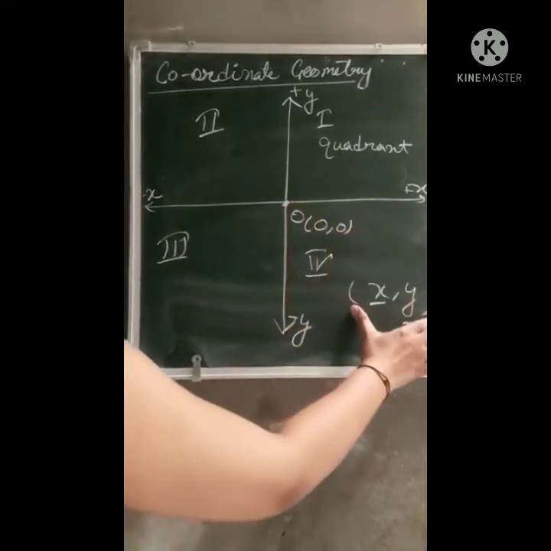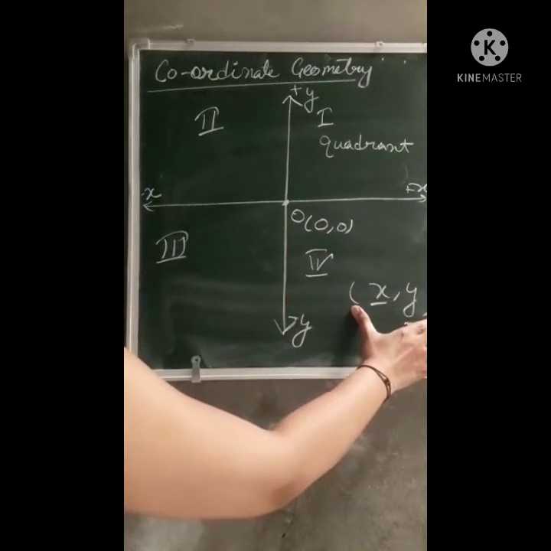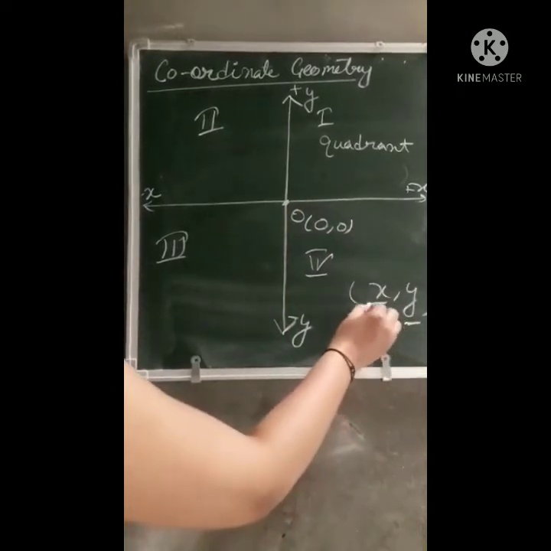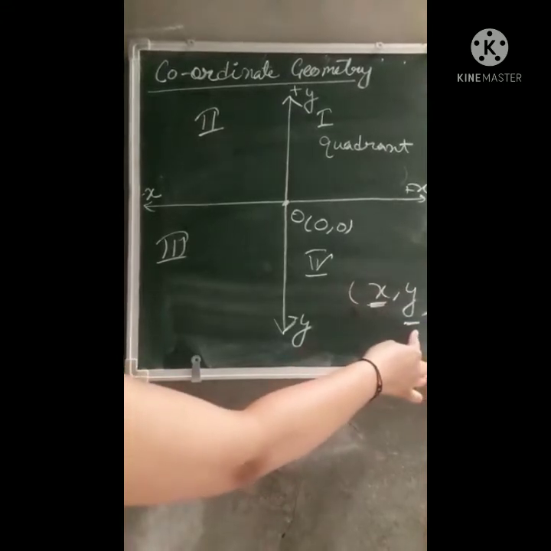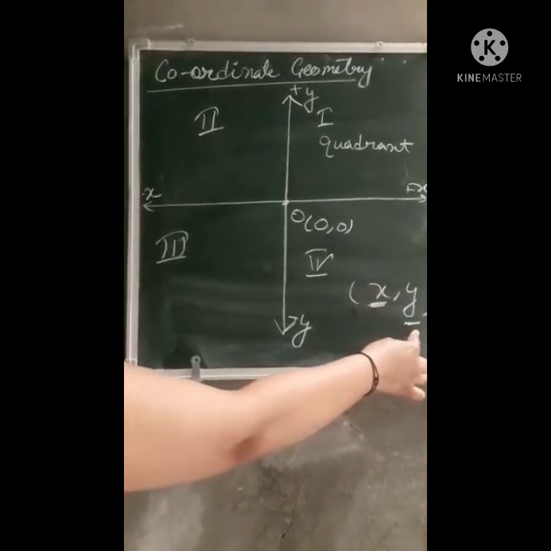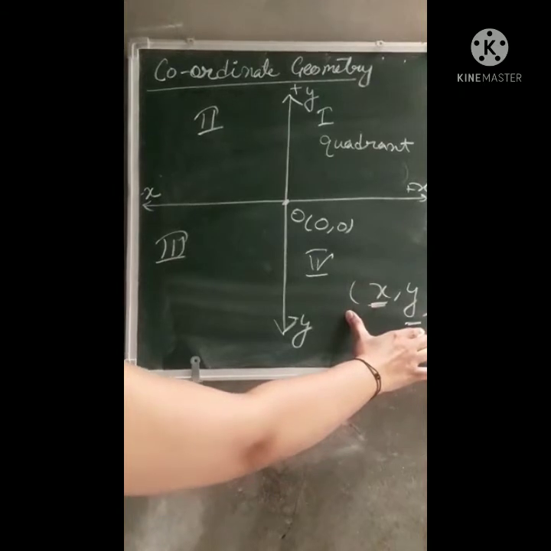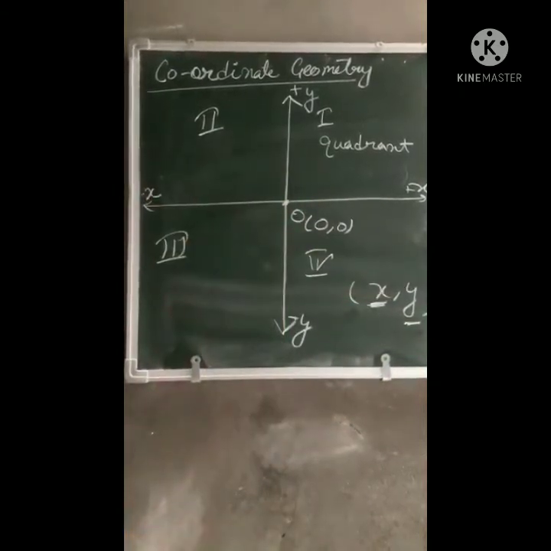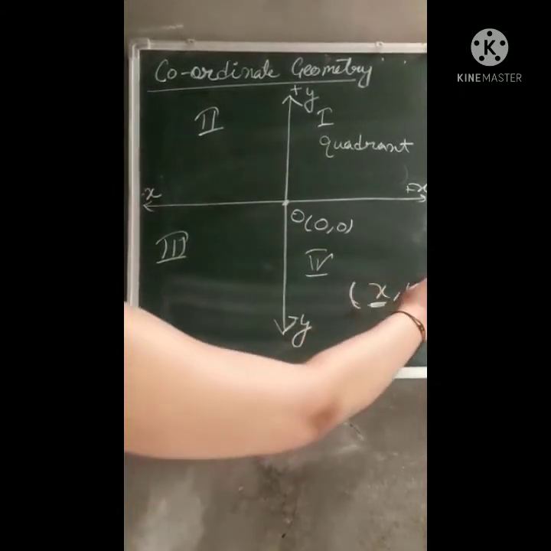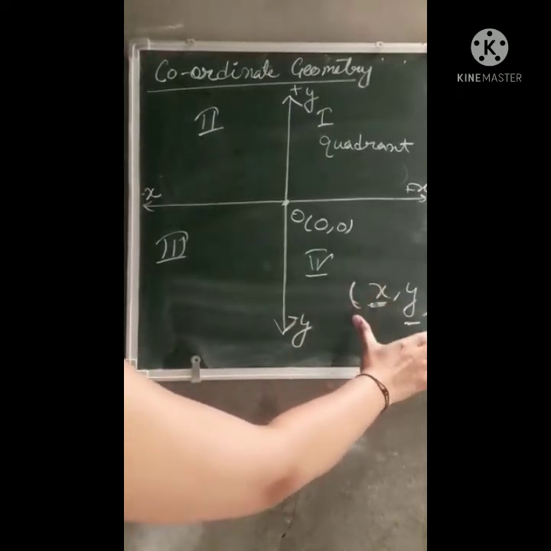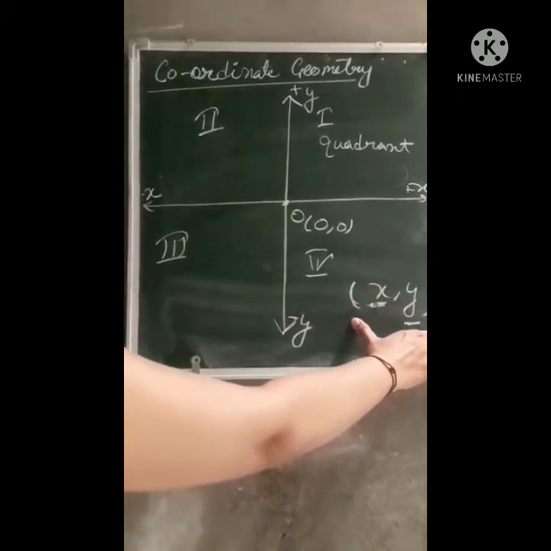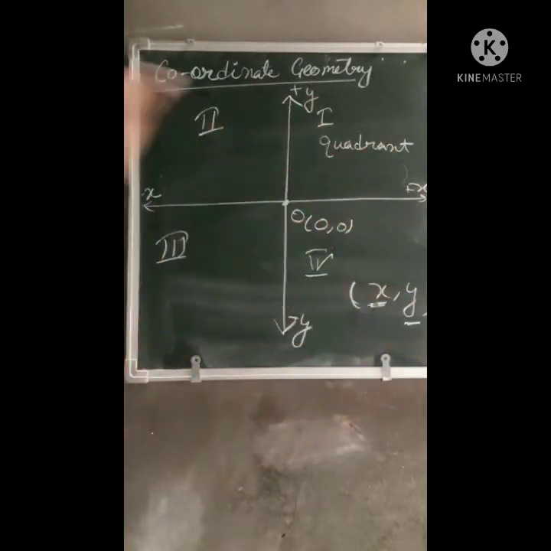Whenever we arrange them in a bracket like this, as an ordered pair, x, y, always x on the first place and y always on the second place, then it's called a coordinate. So x value abscissa, y value ordinate, and the ordered pair is called a coordinate, and we have to locate it on a Cartesian plane.